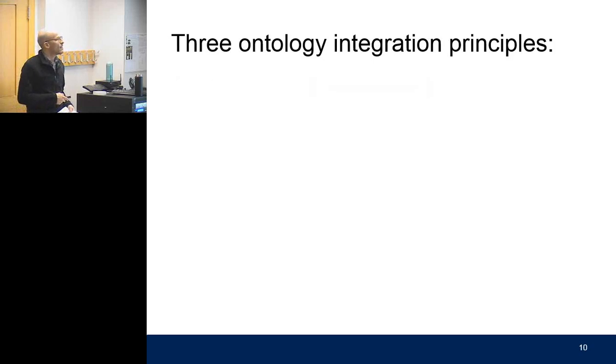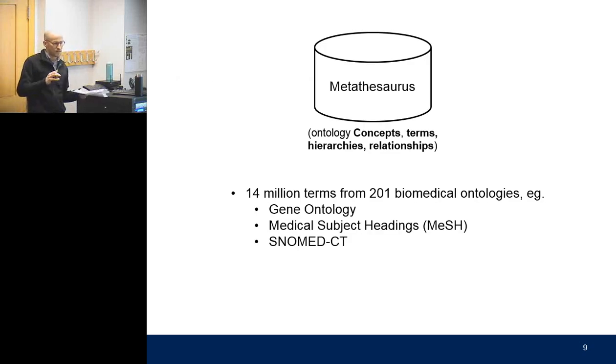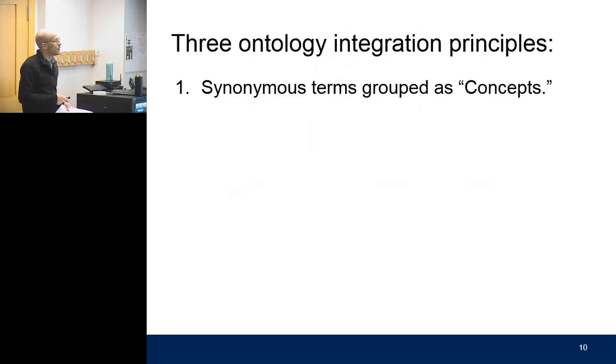And the Metathesaurus is not just a static container for all of these vocabularies. It actually has some pretty powerful integration principles where it brings these terms together and links synonymous terms together at the concept level. So how does that work?